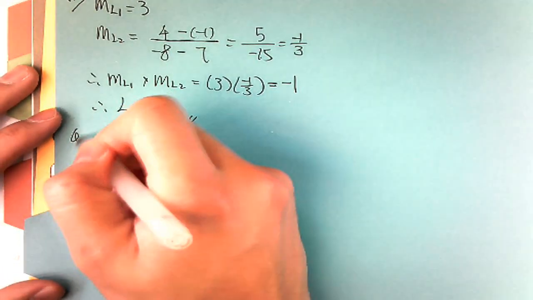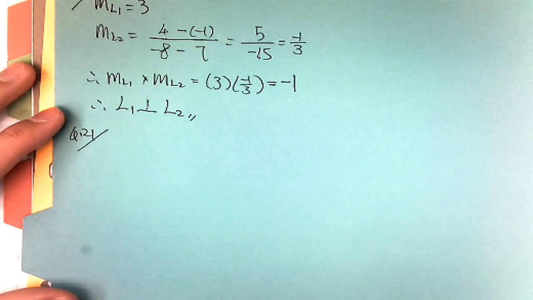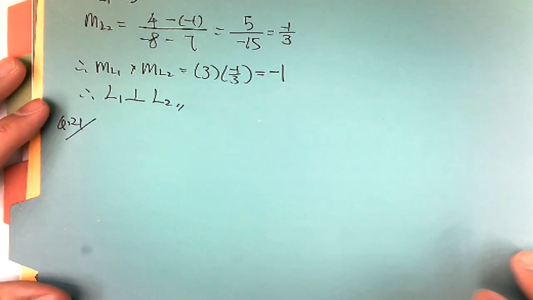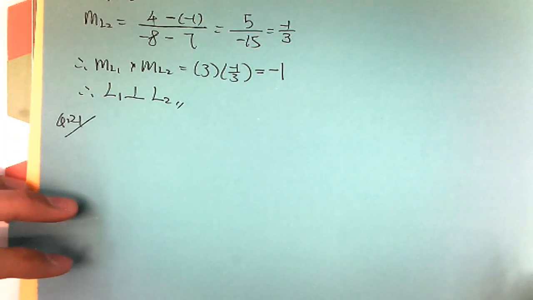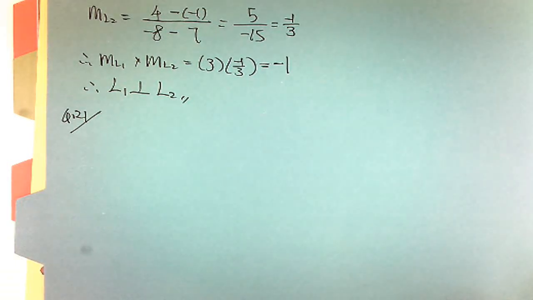Question 21. Okay. So we don't have any figures here. Maybe we have to draw the figure. Okay, read the question. L1 is the straight line passing through these 2 points. Okay, L2 is a straight line perpendicular to L1. So part A, you have to find the slope of L2.